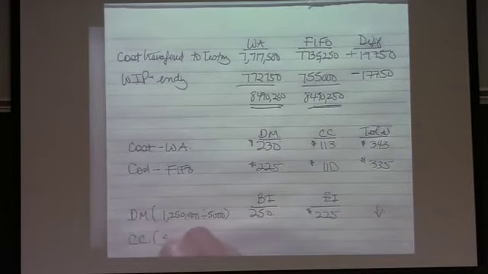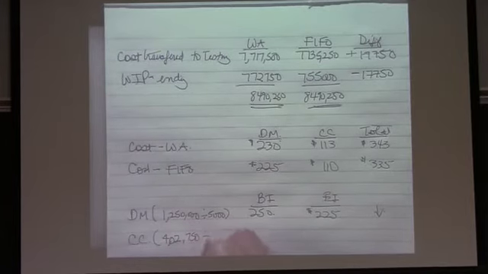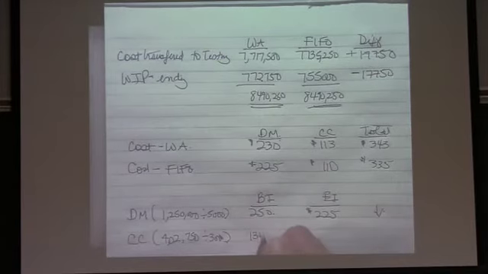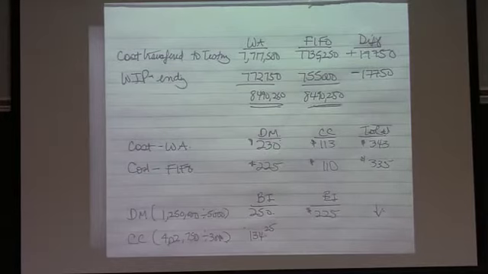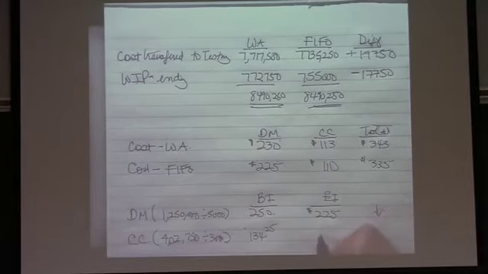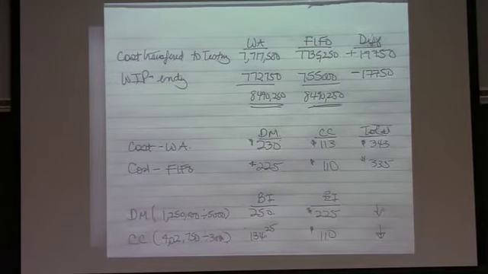So if we're trying to calculate what the conversion cost per unit would be, it's $134.25. And what was the conversion cost that we calculated in step 3? It's $110. You can see that the conversion cost is also decreasing.